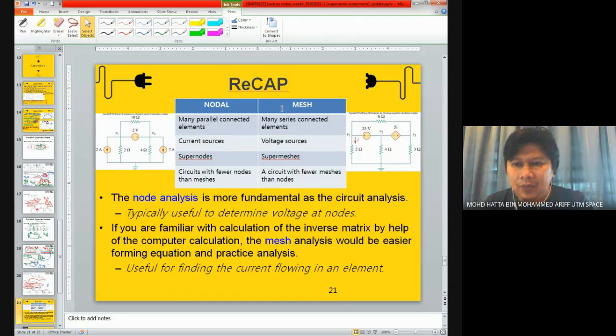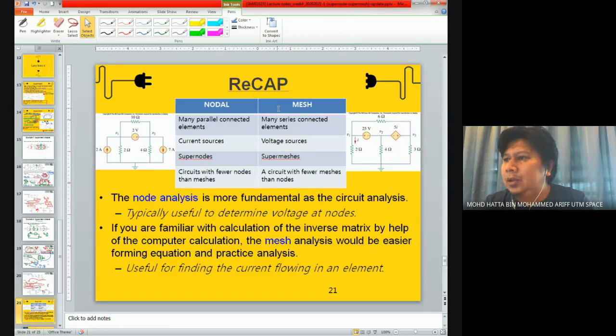However, if the question specifically says that you need to use mesh analysis or you need to use node analysis, it means that you need to apply that particular circuit analysis method. You cannot use the other, because it depends on the question being given to you.